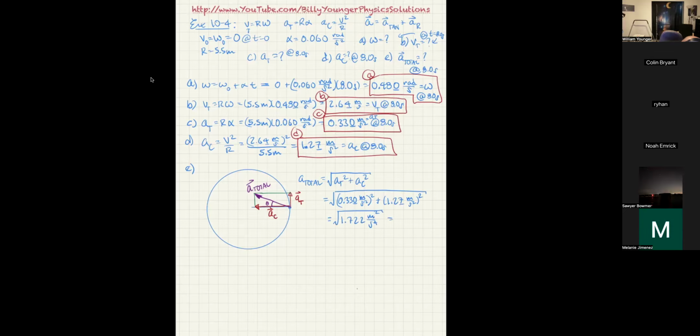And when I take the square root of that, I get 1.31 meters per second every second. I'm actually not going to write total because I can't fit the word in there. So that's our acceleration's magnitude.